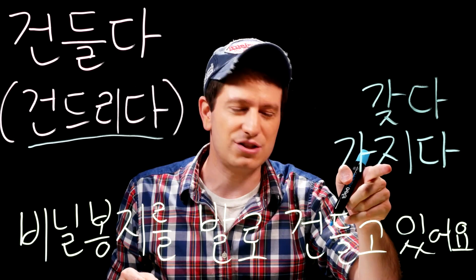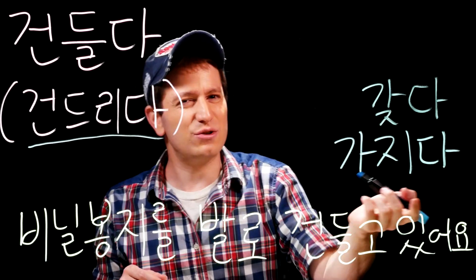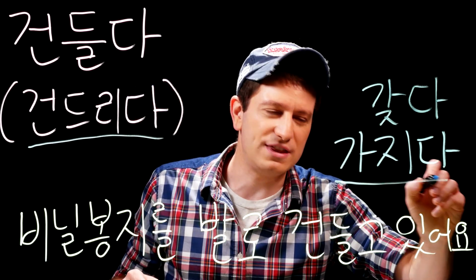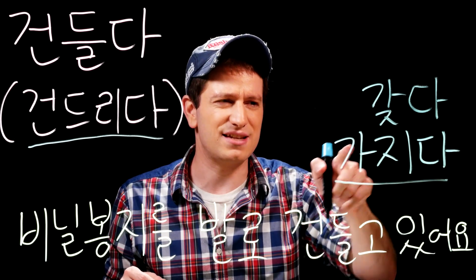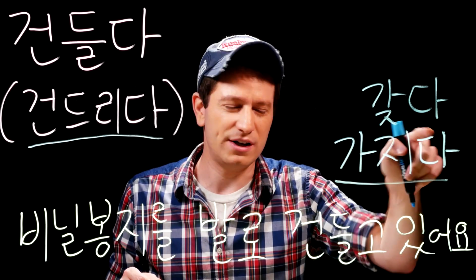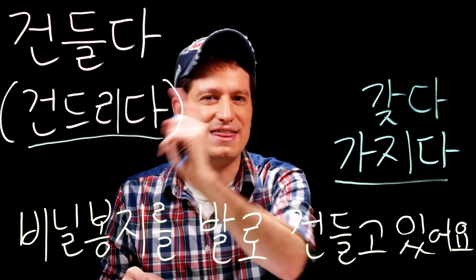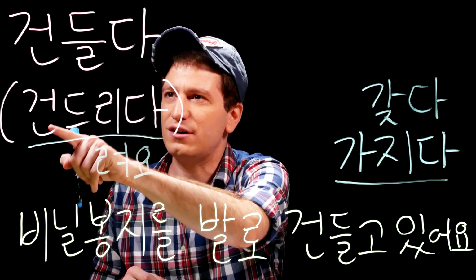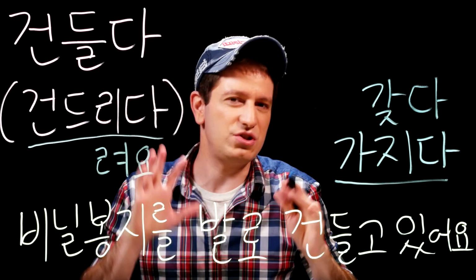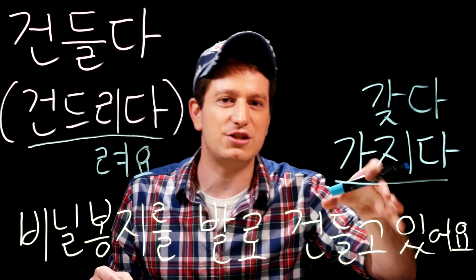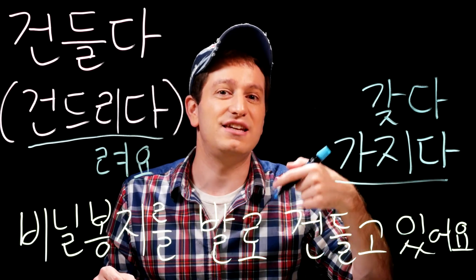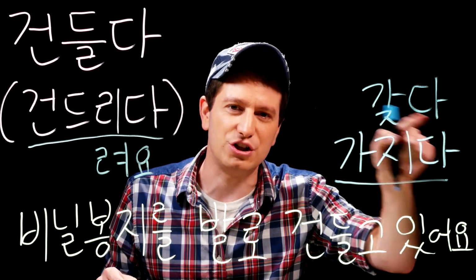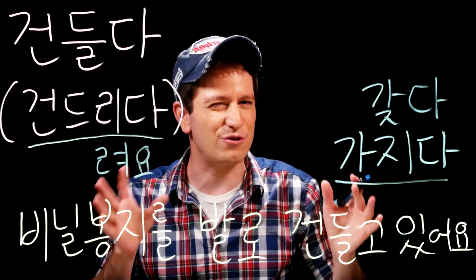Anytime you want to shorten this, you have to still conjugate it using the 요 form with the full version. So you can never say something like 가자요, it has to be 가져요. And the same applies here. 건드려요. Never 건드려요. So just keep that in mind. Anytime you find a verb that's shortened, when you're conjugating it to the 요 form, always use the original full version to do that, or it'll sound awkward.